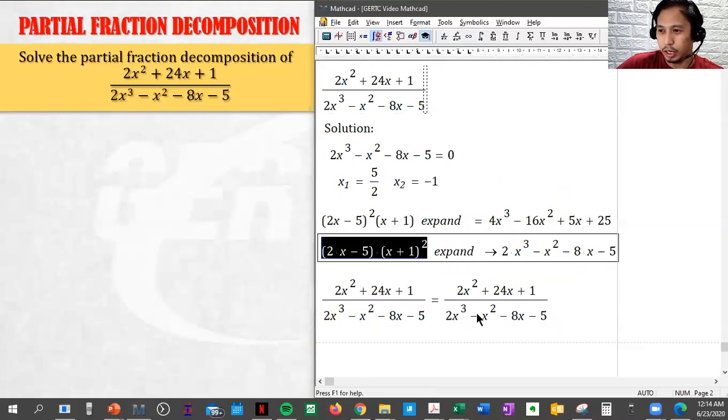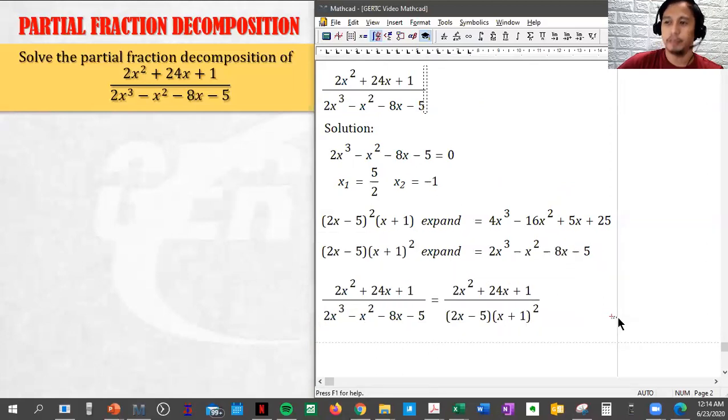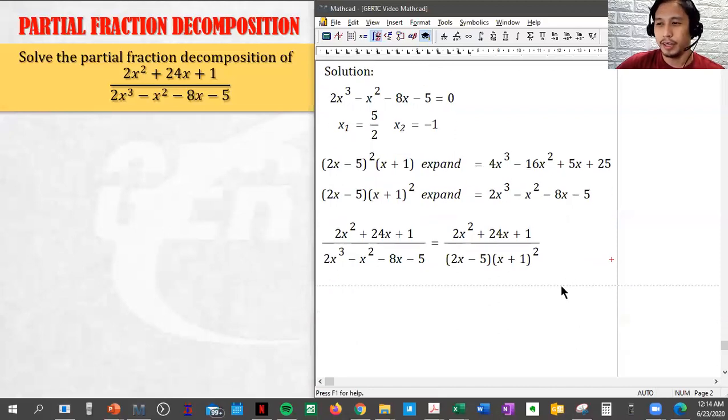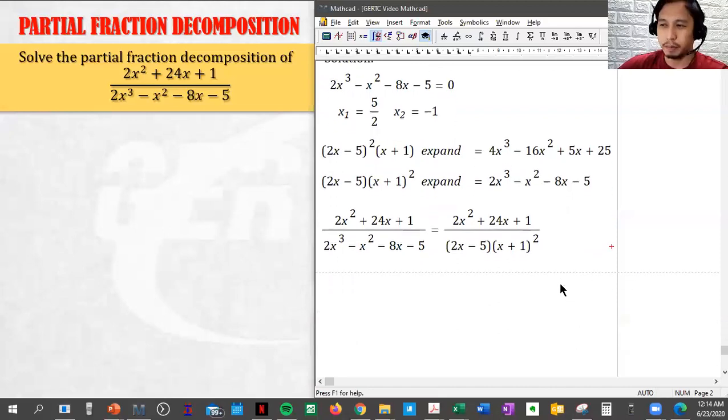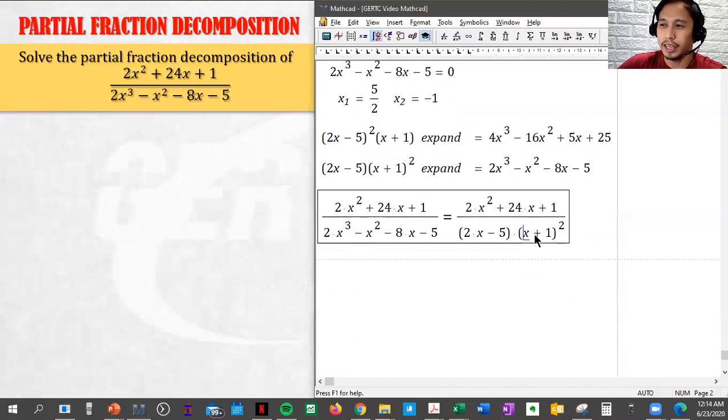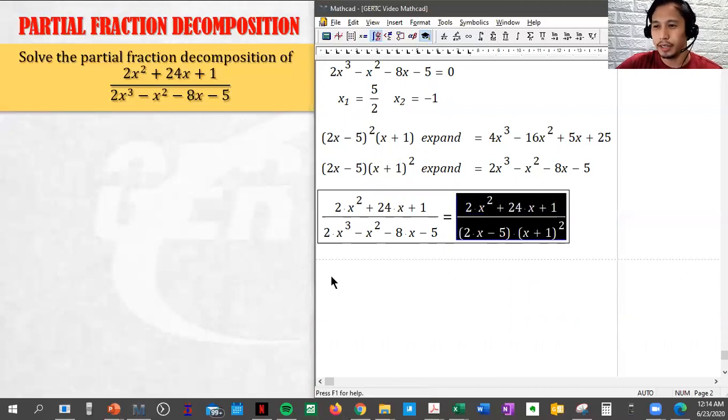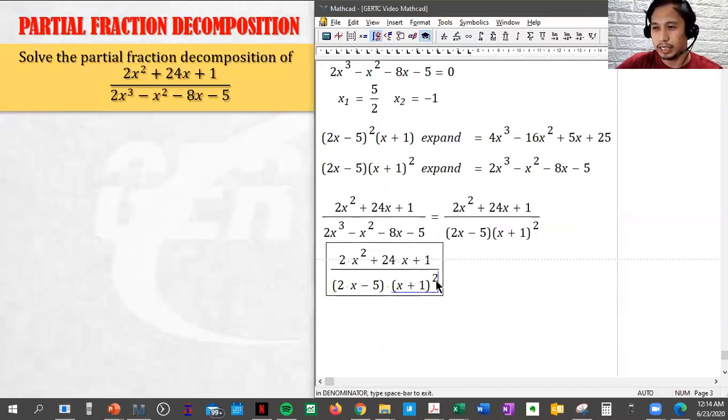This denominator becomes ito, 2x minus 5 times x plus 1 squared. So as you see, this binomial, linear binomial factor repeats twice. No? If ganyan, we've got to write that like this.